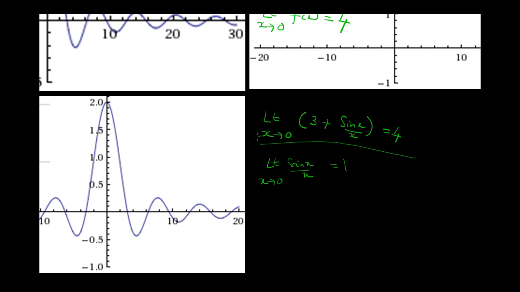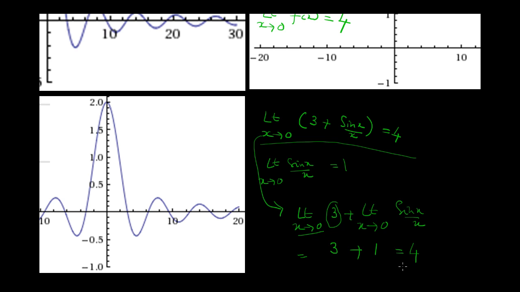You get limit x tends to 0, 3 plus limit x tends to 0 sine x by x. 3 is a constant function. When x is approaching 0, 3 remains constant. So limit x tends to 0, 3 is 3, plus limit x tends to 0 sine x by x, which you have already seen is equal to 1. So 3 plus 1 is equal to 4.